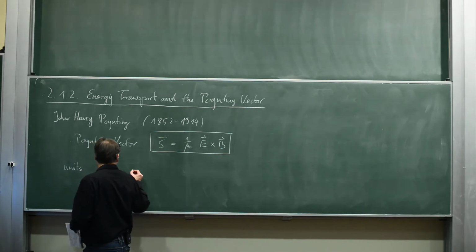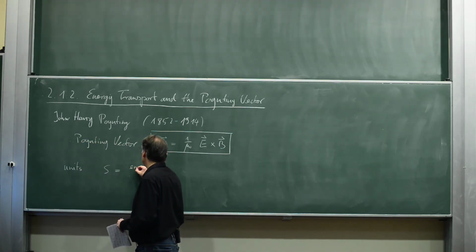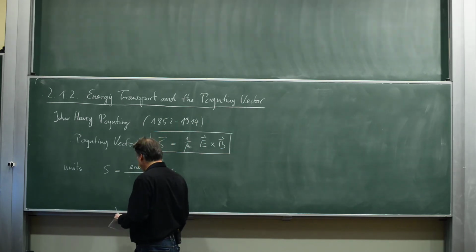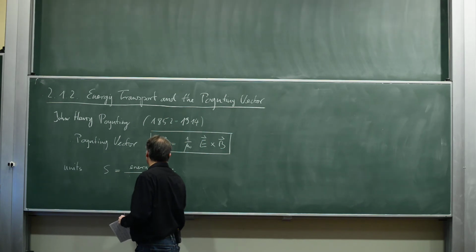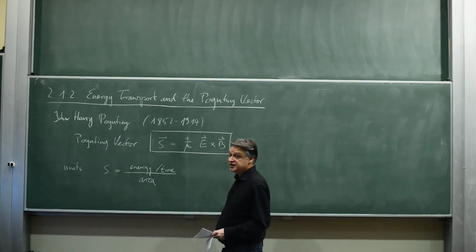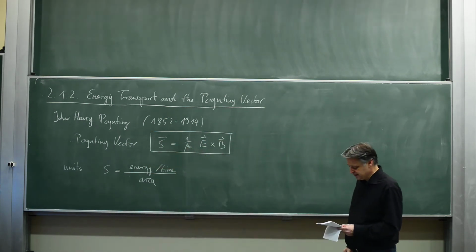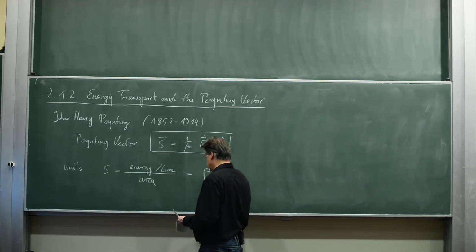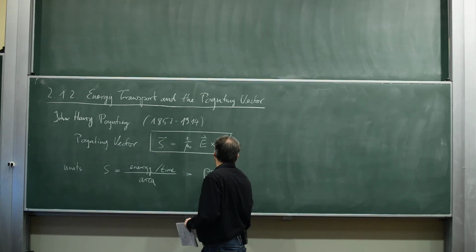S is defined as energy per time and area, a certain area which is illuminated by light. Or you could also call it power by area.